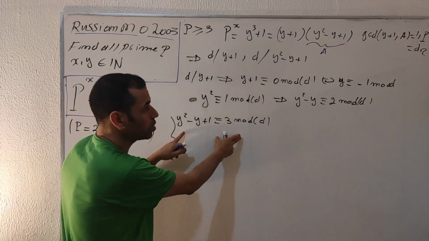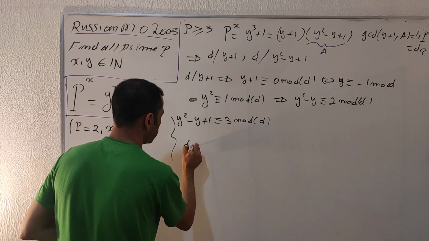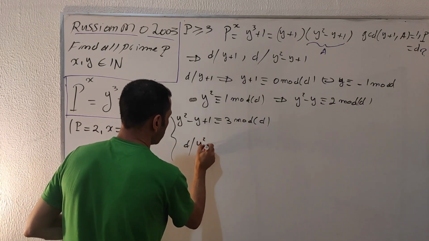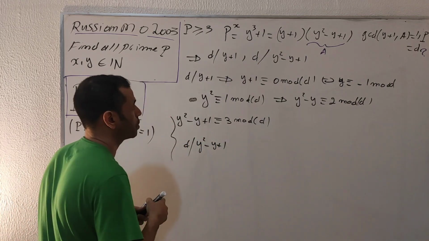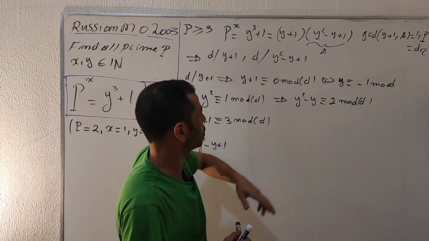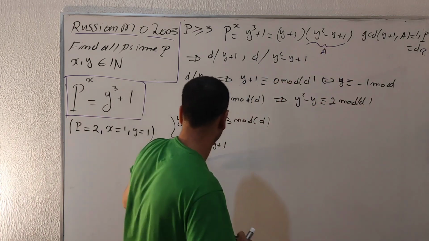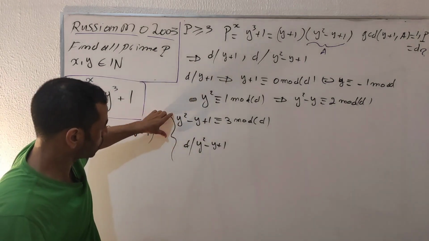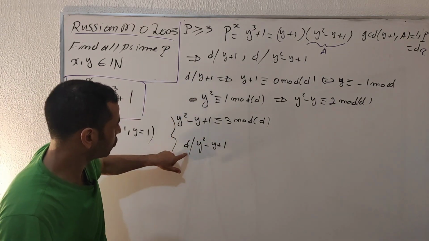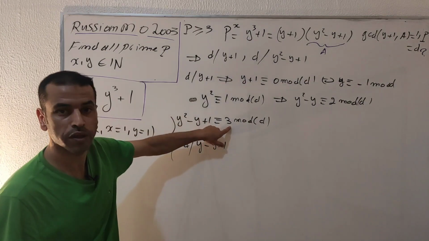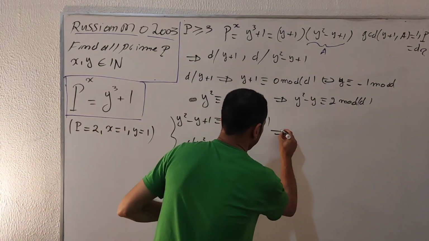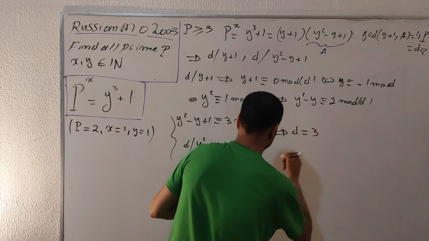I know D divides y squared minus y plus 1, because by the GCD definition D divides this term. So if D divides this one, we have 3 here. This is telling us D must equal 3.